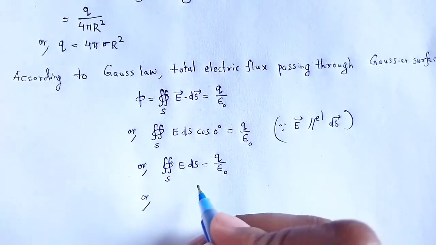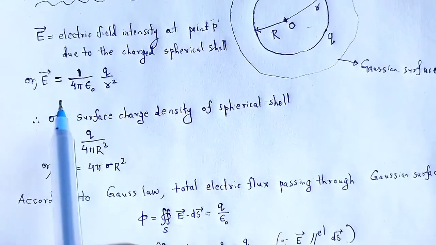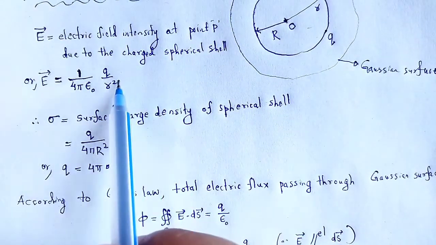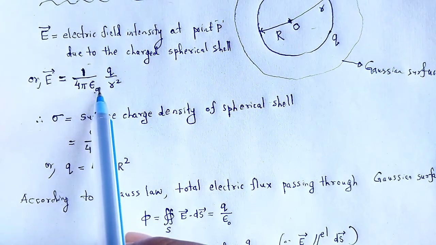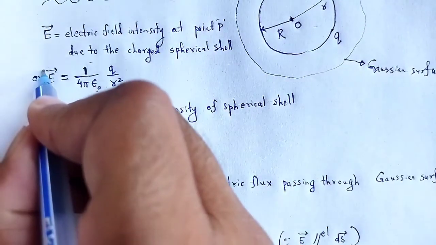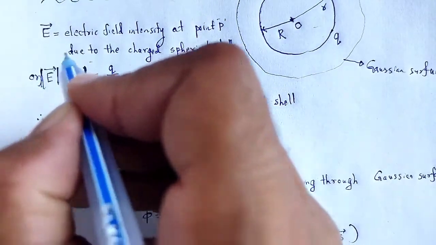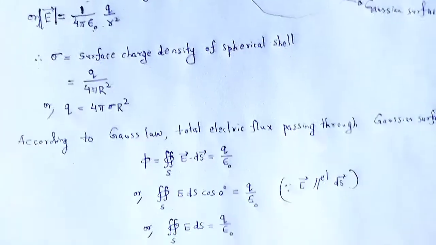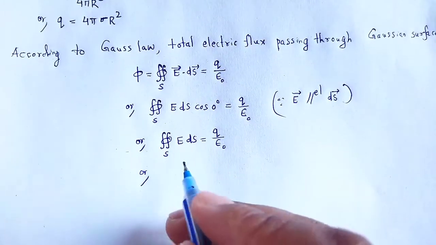Or, the value of E is put here. Here the electric field intensity at point P due to the charged spherical shell is 1 by 4 pi epsilon naught Q by r square, that is the magnitude of E. So put the value here.